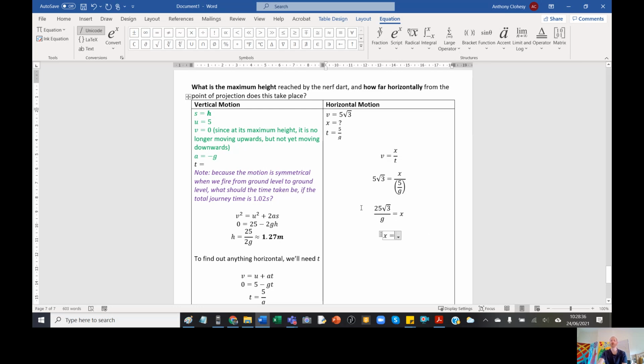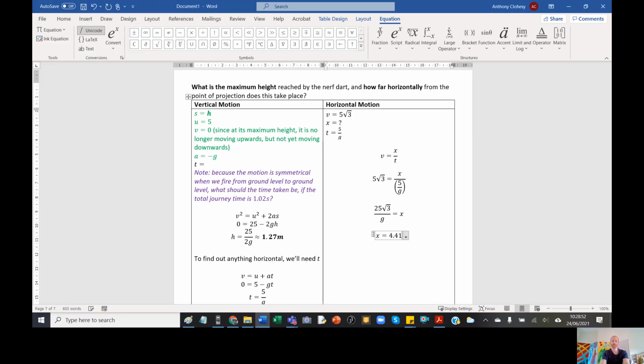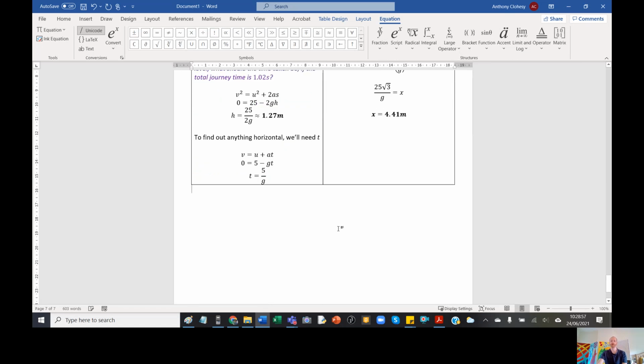When we worked out the total range, we got 50√3 over g. Now we're getting 25√3 over g. And if we do 5 times √3 divided by 9.81, we get 4.41, which is half of 8.82. There we go. That's how far horizontally the thing is going.